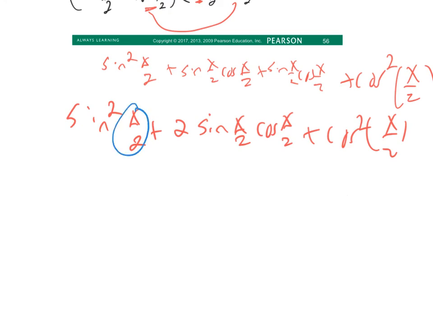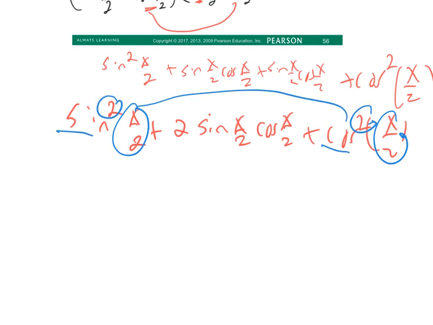This angle is the same as that angle. This is a sine squared. This is a cosine squared. They go together. Tell me. I'm listening. Did you say 1? Then you'd be correct. 1 plus 2 sine of x over 2 cosine of x over 2.